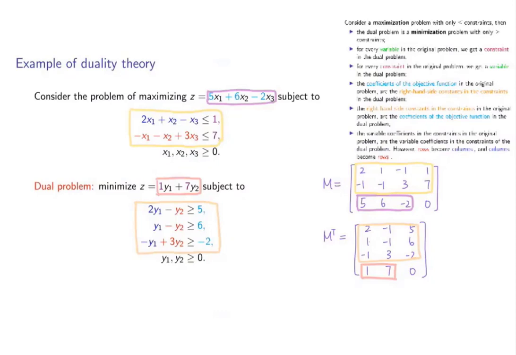Let us jump to page 6 and consider the example and illustrate our method of generating the dual problem once again. So we are given the original problem, which is a maximization problem. The objective function is z equals 5x1 plus 6x2 minus 2x3.